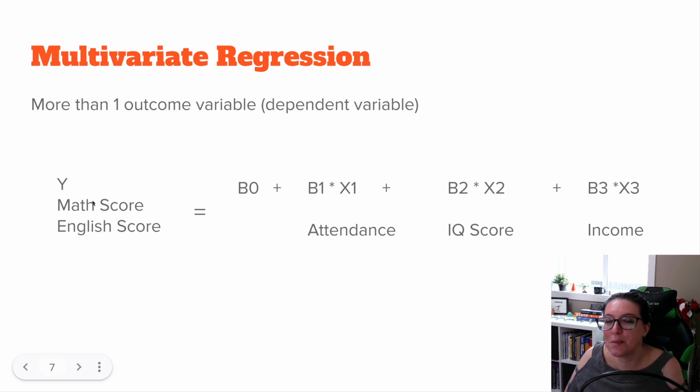And you're trying to predict both the math scores and the English scores with a model where we have attendance, IQ score, and income. And the idea here is that we'll have different attendance, different IQ score, different income. That will then impact the math and English scores. So the impact these have can be different to help predict the difference between the math score and the English score, but it's the same variables used to predict them both.